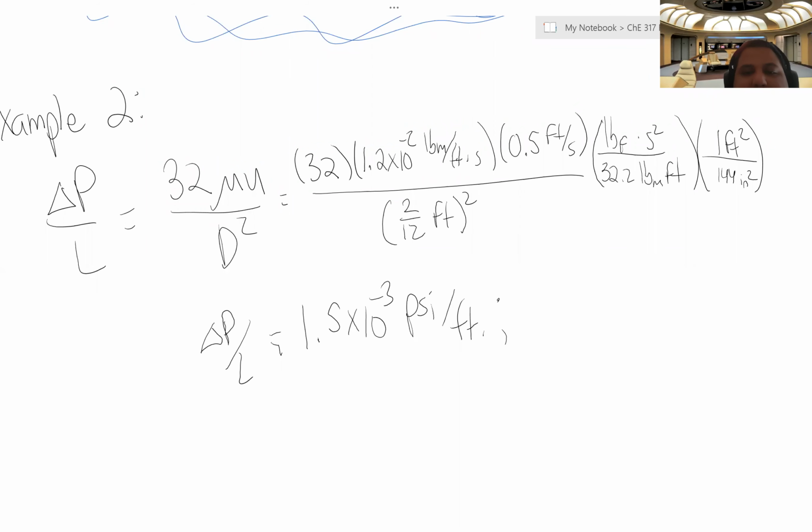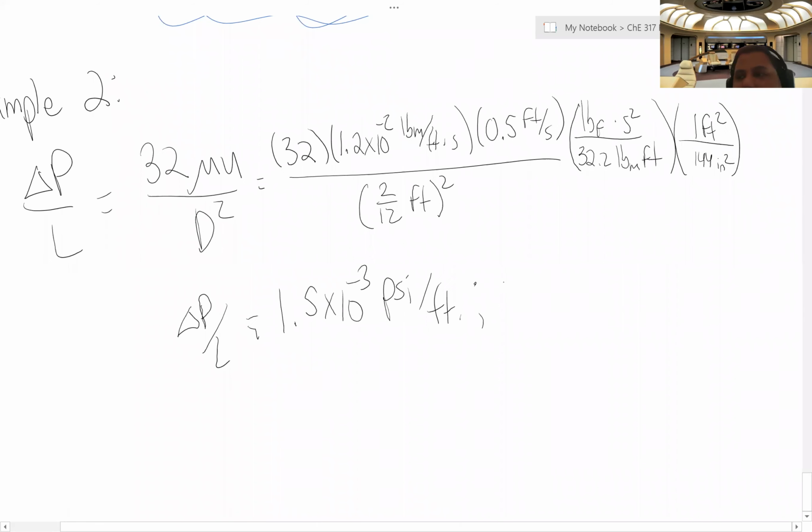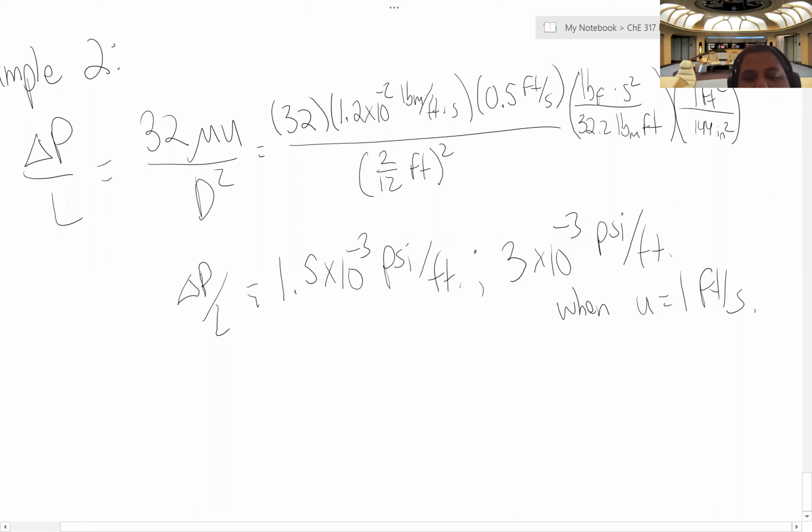Based on the Hagen-Poiseuille expression, it would double. So I expect about 3 times 10 to the minus 3 PSI per foot when U is 1 foot per second. And likewise, if U is 2 feet per second, my pressure drop would go to approximately 6 times 10 to the minus 3 PSI per foot.